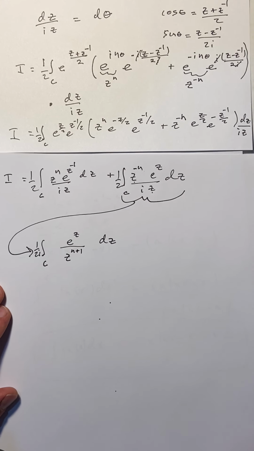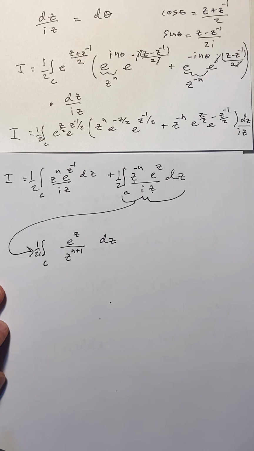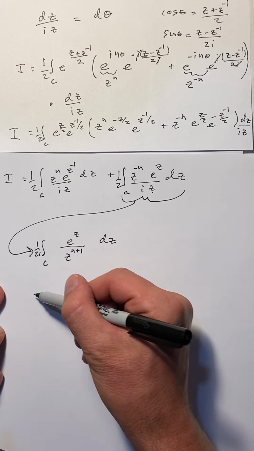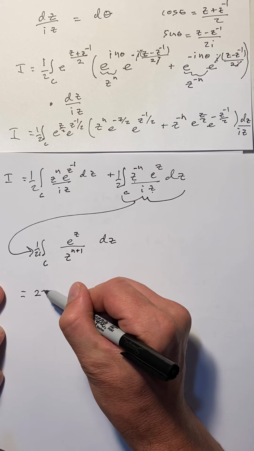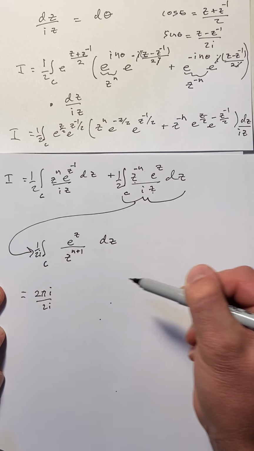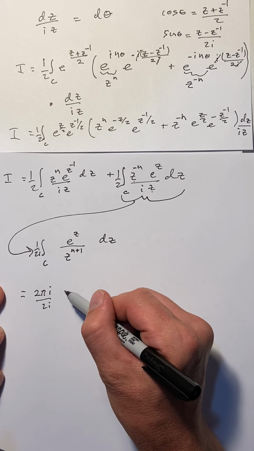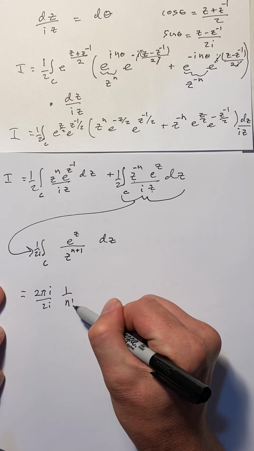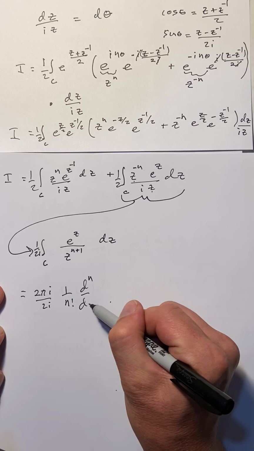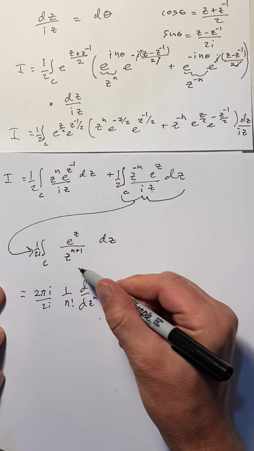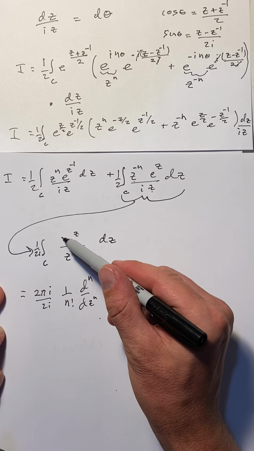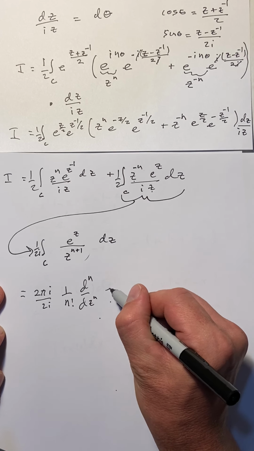This is a fairly straightforward integral to do with residues. There is an n plus 1 order pole at z equals 0, which is included within this unit circle contour. So the result will simply be 2 pi i over 2i times the residue at the n plus 1 order pole, which will be 1 over n factorial, the nth derivative of z to the n plus 1 times this integrand here, which will just be e to the z.